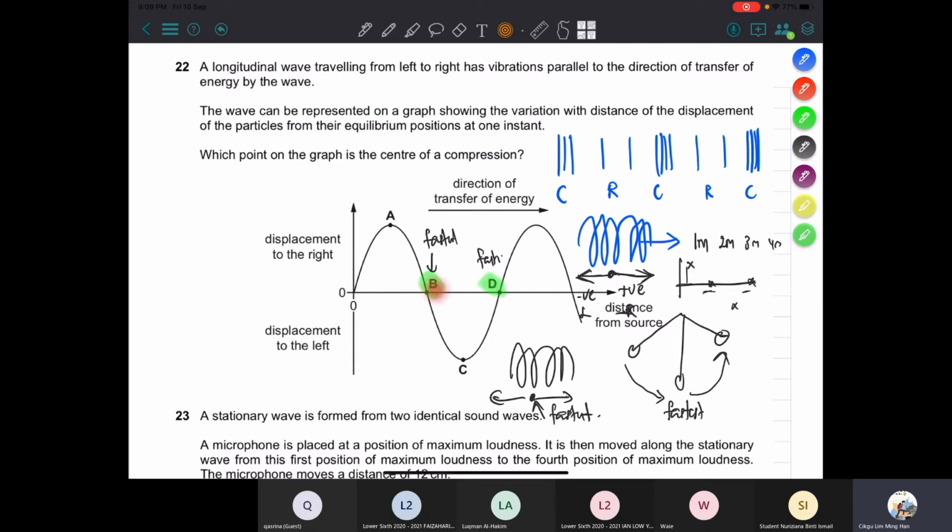Because my guess is also B. Ian, do you have any idea? Why is it B, Ian? I don't know, I'm good with graphs.